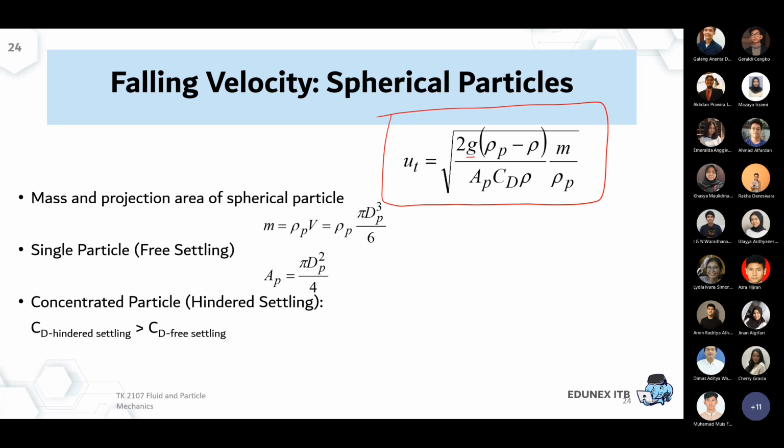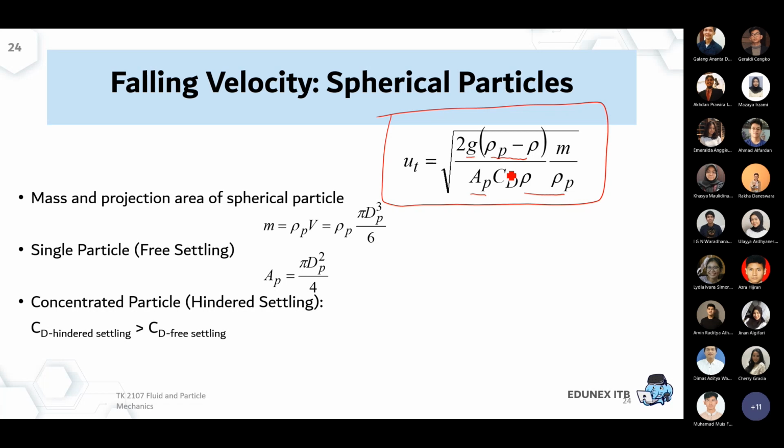The density is also a property of the fluid and of the particle. Cross area directly relates to the particle diameter.